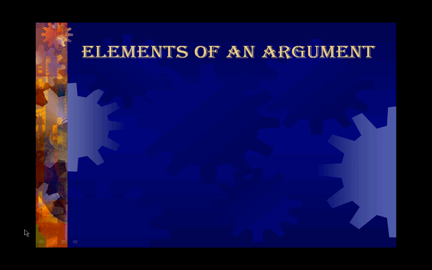So before we start talking about the essay itself, we have to get an understanding of the elements of an argument. Now, as you build your argument essay, there are several elements that will need to be in place. One is called the rhetorical situation. Now, the rhetorical situation is basically the backstory, the reason why you are bringing your position or your proposition, your thesis statement, into the essay.